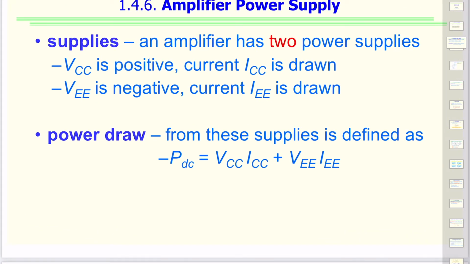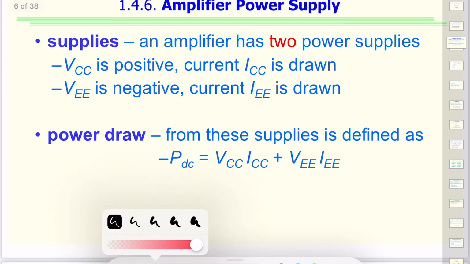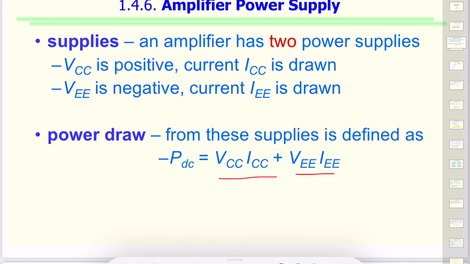The DC power is then the sum of two powers, the power from the positive source and the power from the negative source. So these two come together. This is just a bullet point, it's not negative.